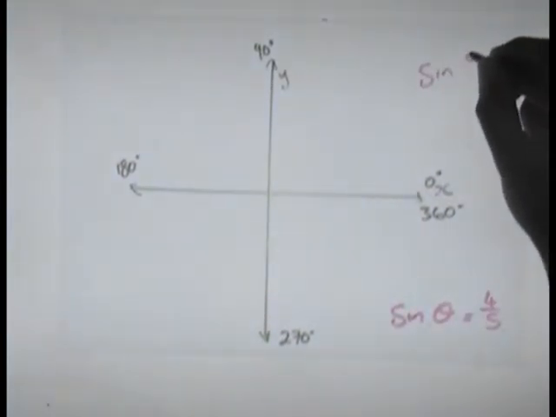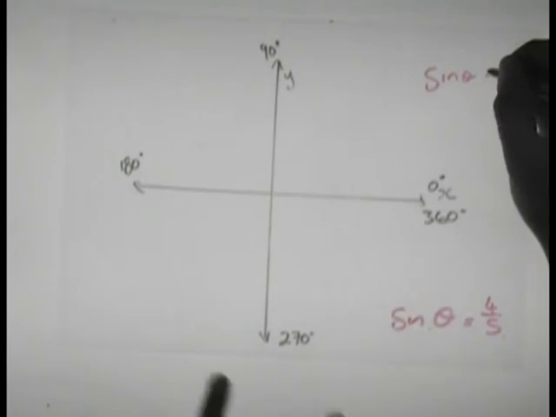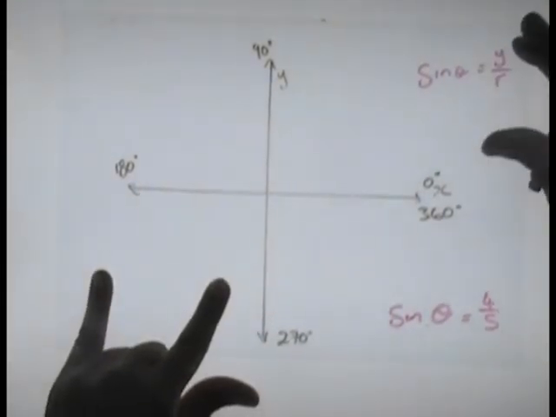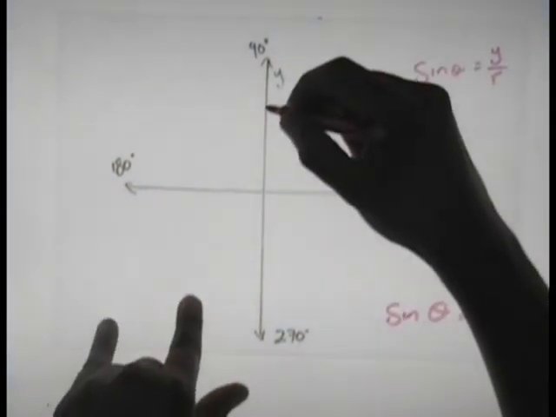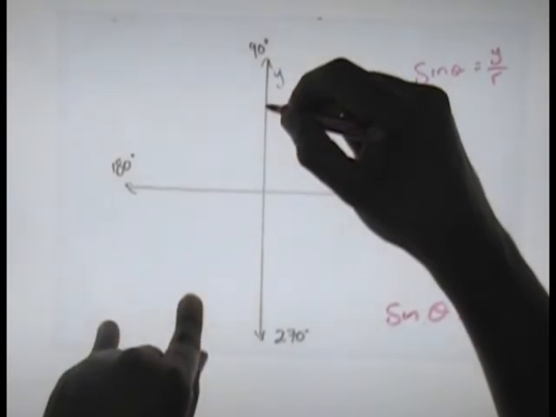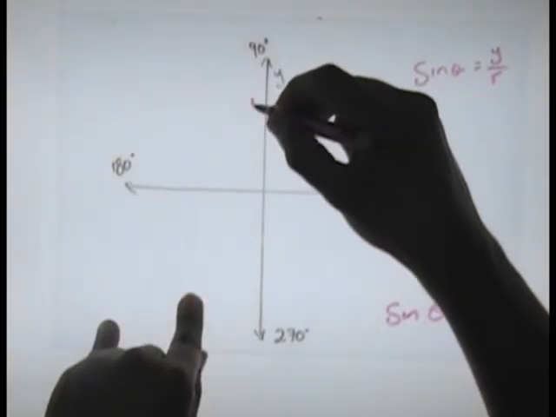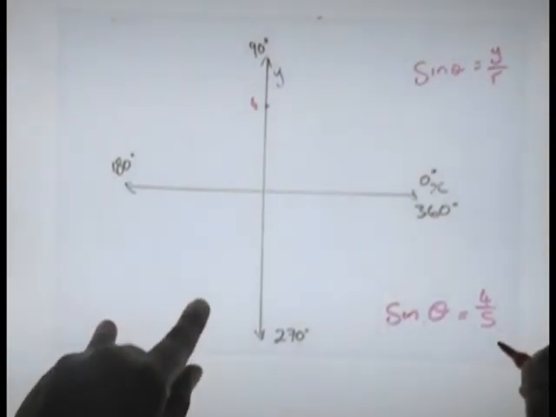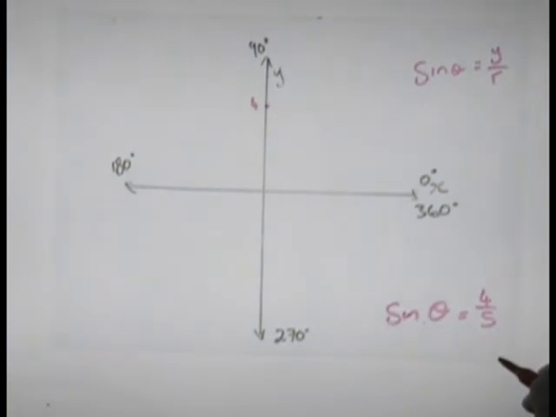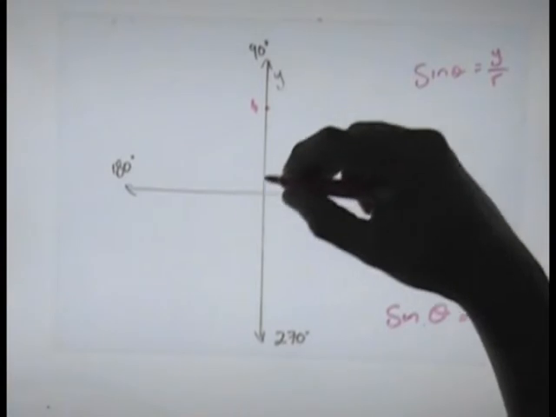We know that sine of theta is equal to y over r, right? That means that of this angle theta, the y value is positive 4 and the r value is equal to 5 units. So all I'm going to do is draw an r with 5 units. Now my coordinates are going to be as follows.